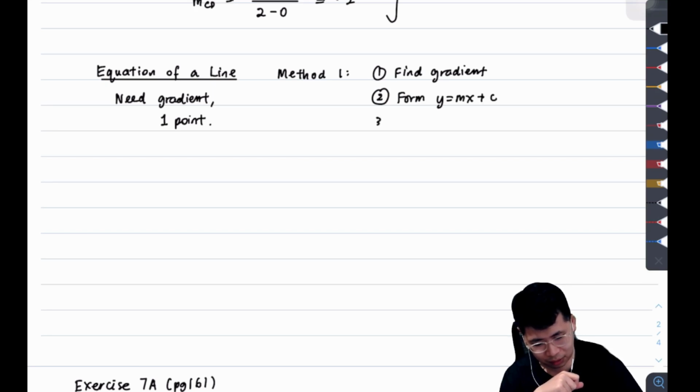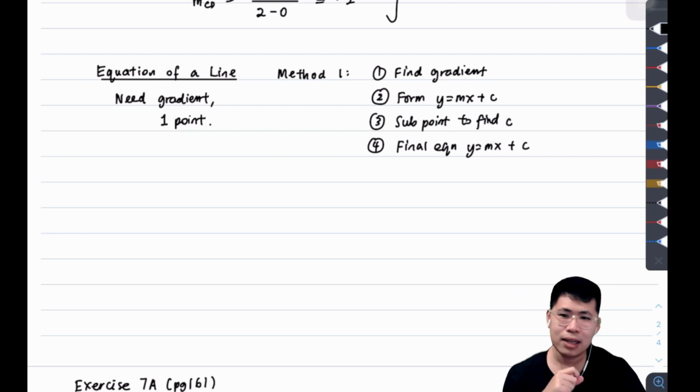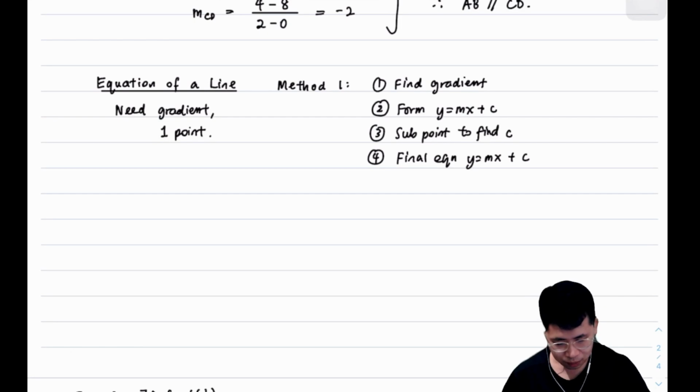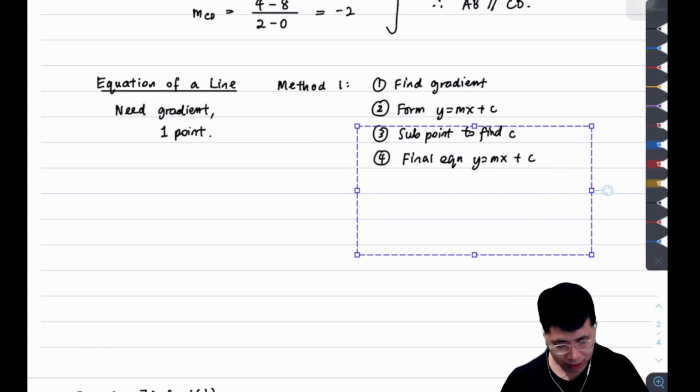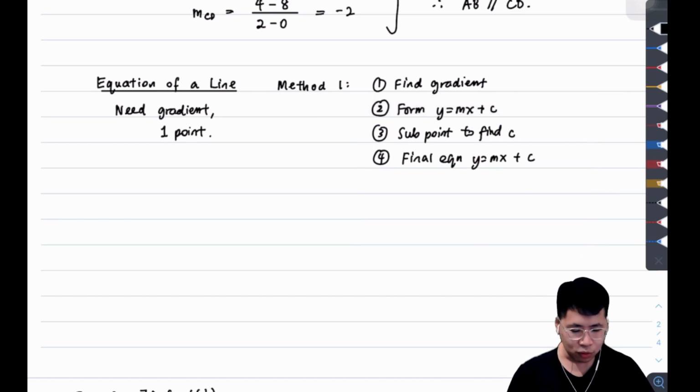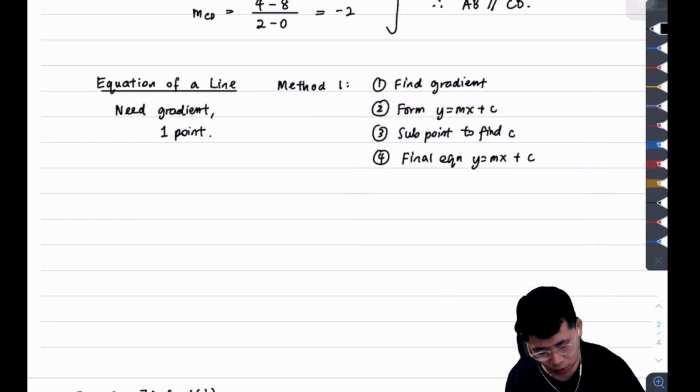Step 3, you substitute the point to find c. And step 4, last but not least, the final equation, y equals mx plus c. This takes quite a number of steps to finish, which is why I will be teaching you another, slightly shorter way to find the equation of a line.